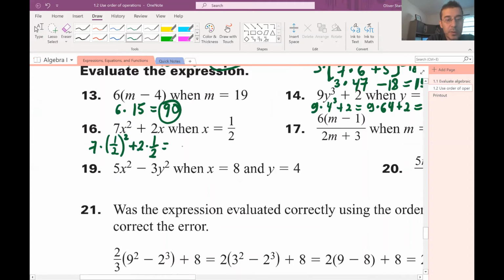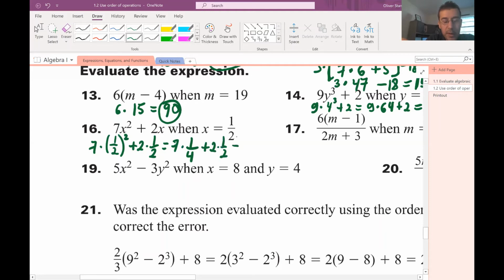We're going to do the powers first, which is 1/2 squared, which is 1/2 times 1/2. So we multiply numerator with numerator, denominator with denominator. So 1 times 1 is 1, and then 2 times 2 is 4. So 1/2 squared is 1/4, and then everything else comes down.